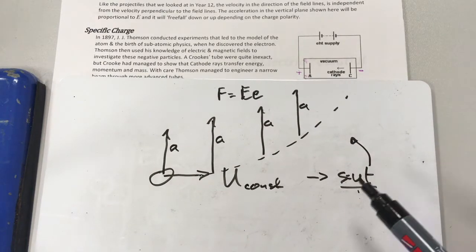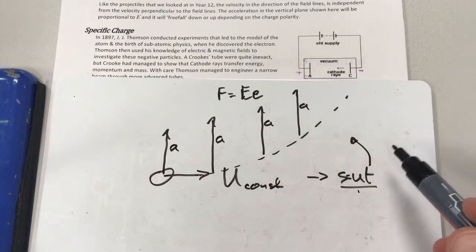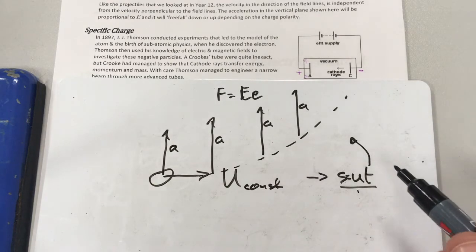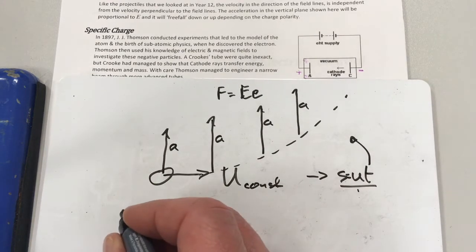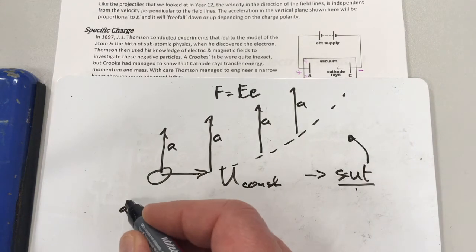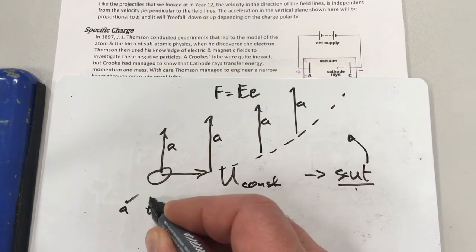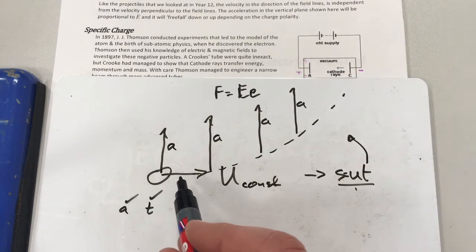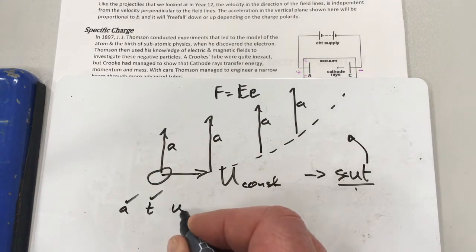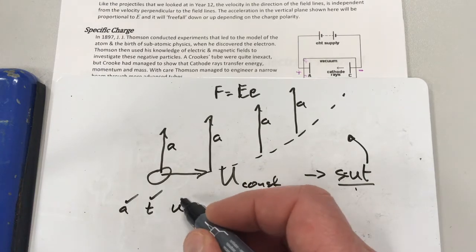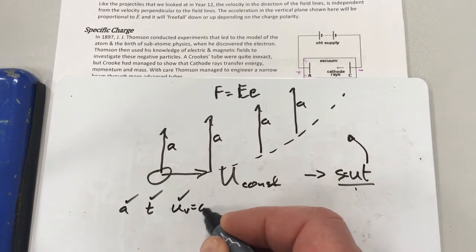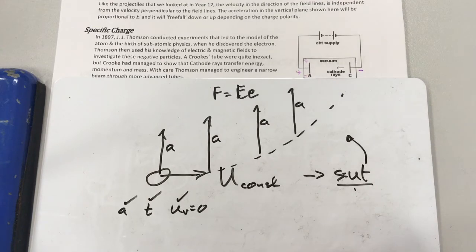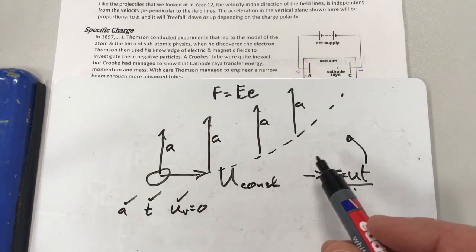So I need an equation that links acceleration with time. If you think about your SUVAT equations, I've got acceleration, yep. I've got time, yep. I have the initial velocity sideways, which is 0, so u in the vertical direction equals 0. And we need one more for a SUVAT equation to work. So I need v, velocity at the end.